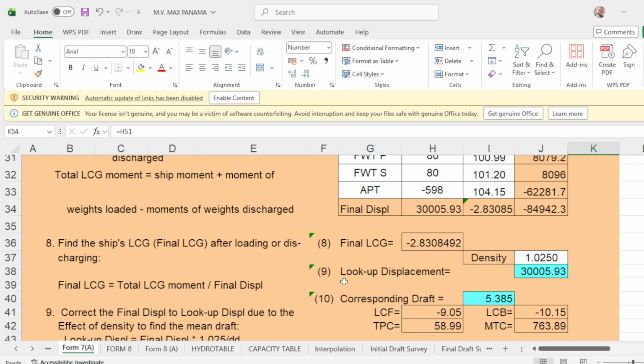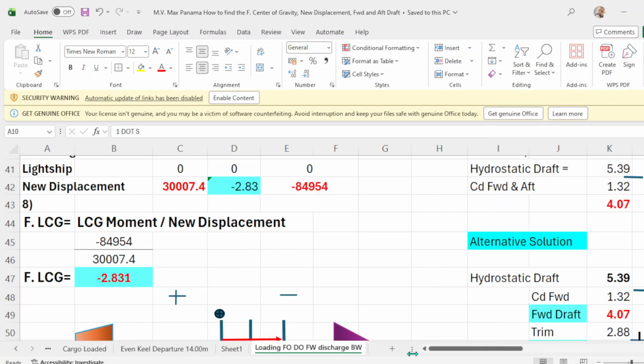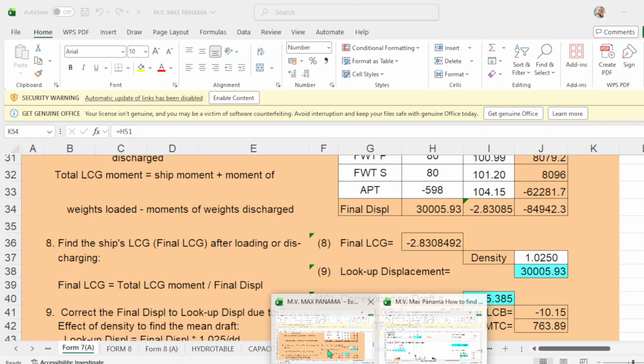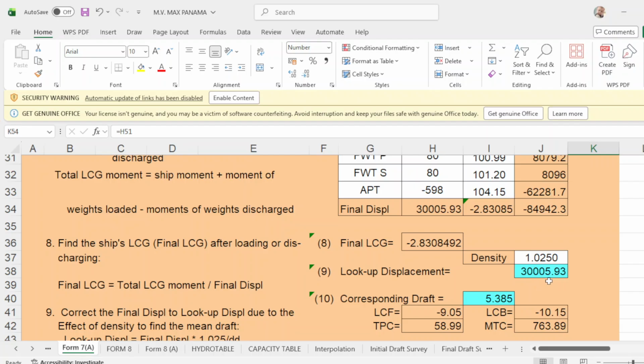The number 9, look out for displacement. The displacement should be 3005.93. What I got is 3007.4, and this one 3005. Okay, small difference.